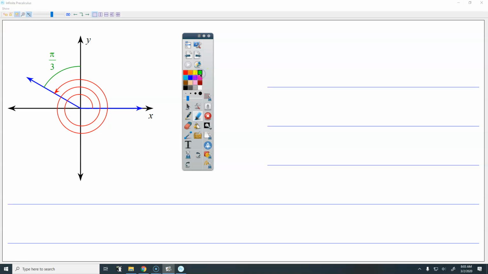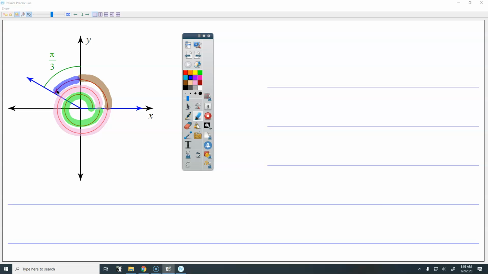First we have that. What's that? That's 2 pi. Next we have that, which is another 2 pi. And then we have that. What's that? That's pi over 2, right? A quarter of a circle is pi over 2. And then we have this little piece right here, which is pi over 3.